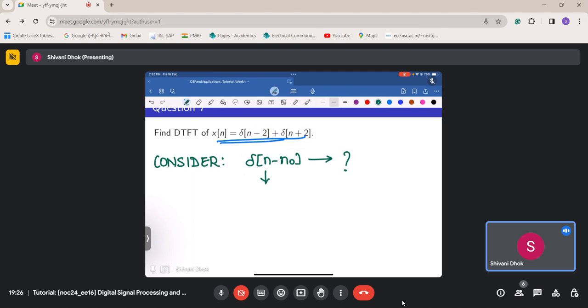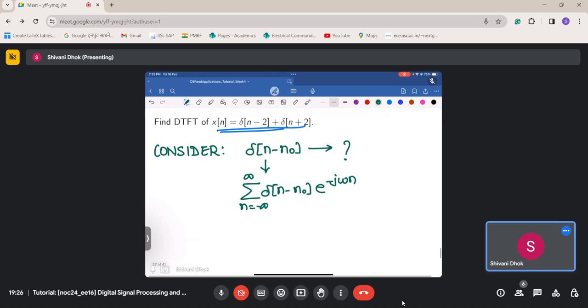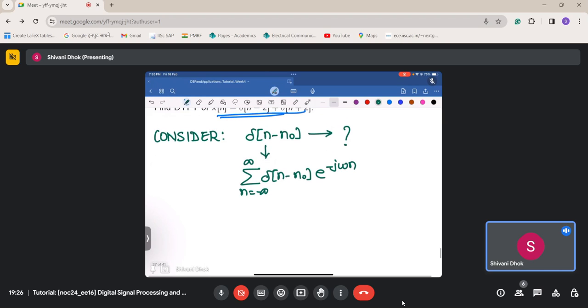This thing will have a DTFT as summation n running from minus infinity to infinity delta n minus n naught into e power minus j omega n. Now we are multiplying this quantity with this impulse here.